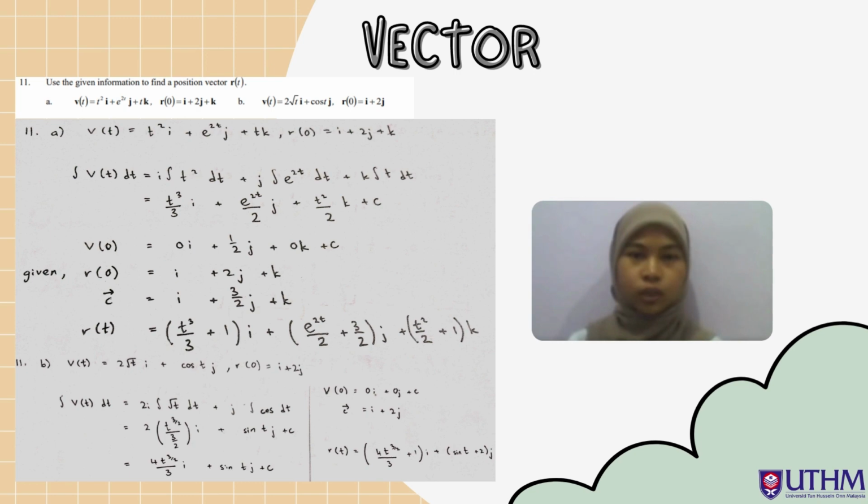And then we sub in 0 into this equation, we get 0i plus 0j plus c. And then we can easily get c is equal to i plus 2j, because here given R0 equals i plus 2j. And then we combine the C with V(t), we get 4t to the power of 3 over 2, over 3 plus 1, i plus sin t j plus 2j, we get the answer.